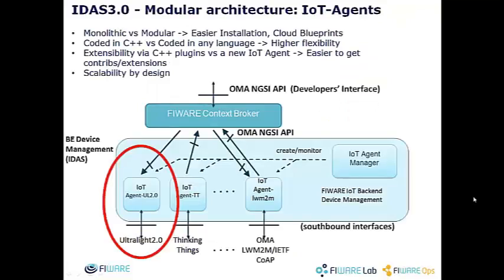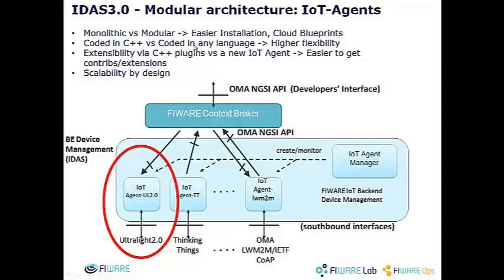The IoT-Agents generic enabler comes from the IDAS component, and it has been evolved and improved a lot by the Fiware organization to make it easier for you to use. So for example, it's modular, so the installation is easy. You have blueprints in the cloud, in the Fiware lab.